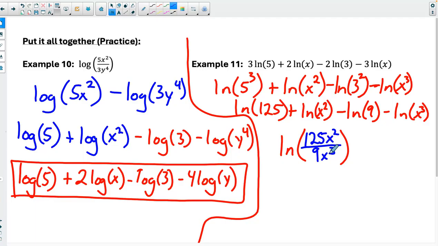Now, like I said, I always want you to work with the simplest. That's not the simplest it can be. I'm going to write ln one more time. 125 divided by 9. Can we simplify that?